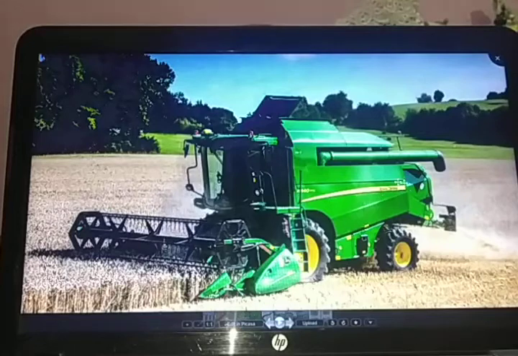It is storing the seed inside it and throwing the chaff from here. Can you see it in the back? It is throwing the chaff. So it is harvesting also, and it is also threshing. This is a combination of harvester plus thresher, so this machine is called a combine harvester. Clear?